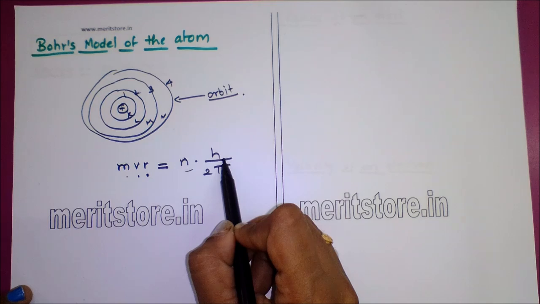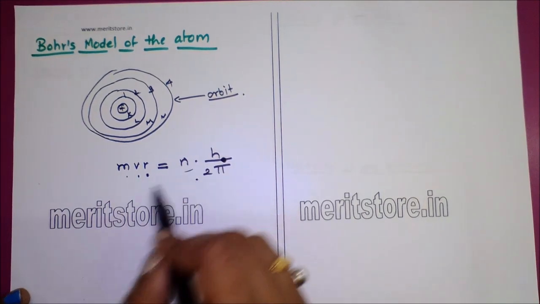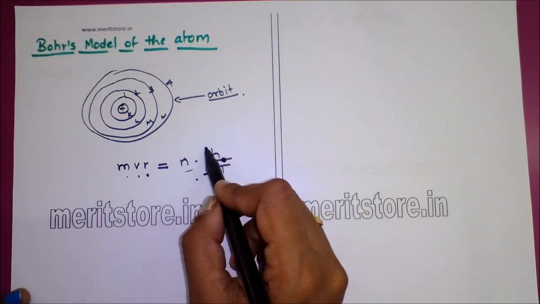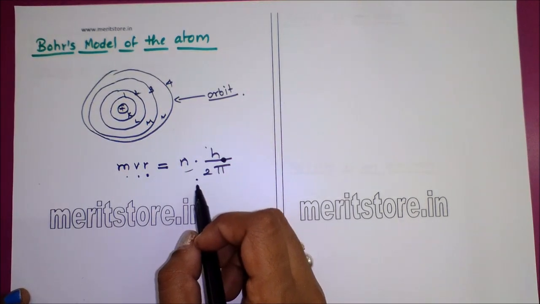So the electron, like any other body moving in a circular path, has angular momentum equal to mvr, and that has to be a multiple of h upon 2 pi, then only this particular orbit will be considered.